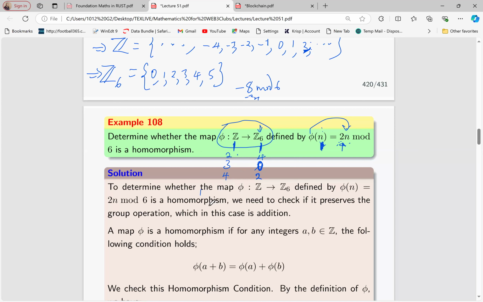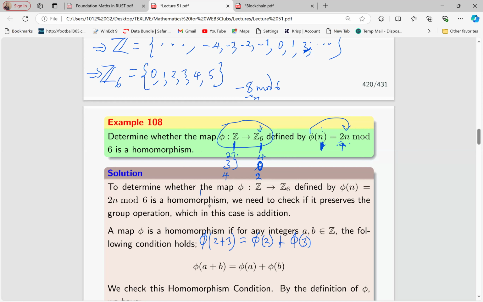But now, what about homomorphism? Suppose you take 2 elements, for instance, 2 plus 3. We expect that the result will be the same as the image of 2 plus the image of 3. That's what we expect the result to be. Now let's check the left-hand side.